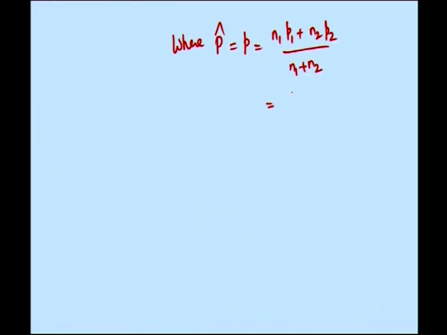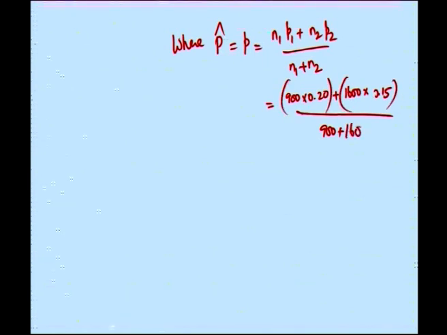That is 900 into 0.20 plus 1600 into 0.15 divided by 900 plus 1600, which is equal to 0.168. This is the P value, and Q is equal to 1 minus P, which is 1 minus 0.168, which is 0.832.